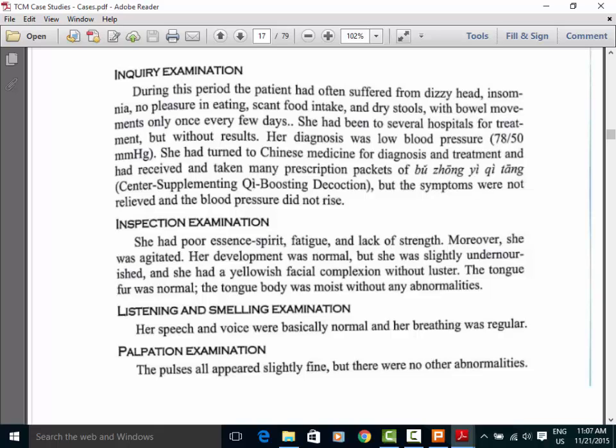So it says disease. In case studies, this is the framework of what you're expected to do. You have to describe the disease that the patient has. It could be tinnitus, it could be some other disease that you're expected to identify. Then the pattern, the TCM diagnosis, and the treatment principle.